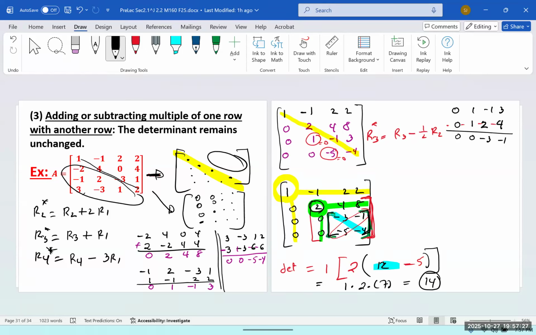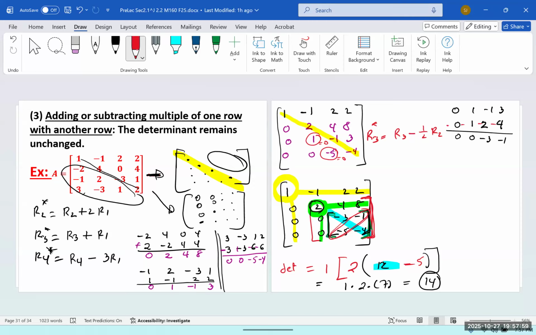So 1 times the determinant of the 3 by 3 matrix. But in this 3 by 3 matrix, we can use another inspection. So that's 2 times the determinant of the 2 by 2 matrix. And we know how to find the determinant of 2 by 2. It's the right diagonal minus the left diagonal. So this is what we did here: 1 from the 4 by 4, 2 from the 3 by 3, and this is the determinant of the 2 by 2.